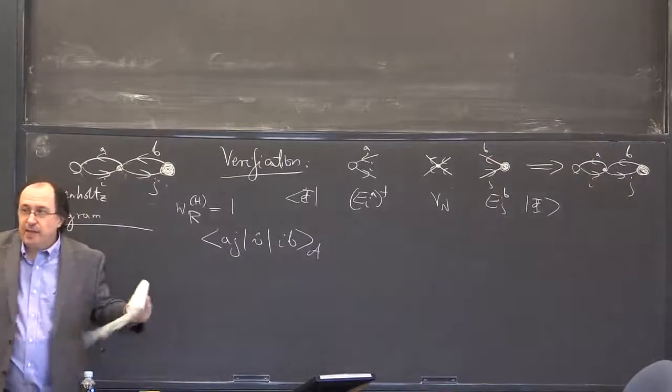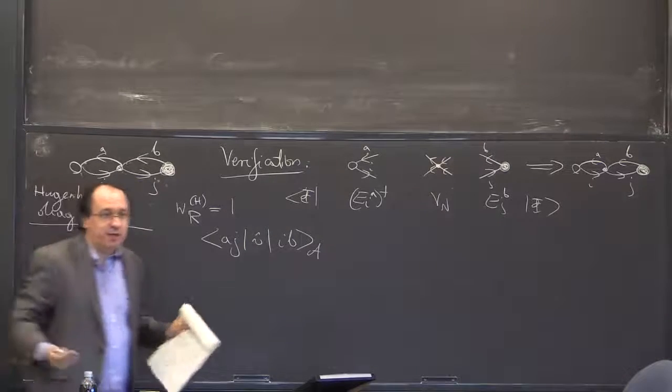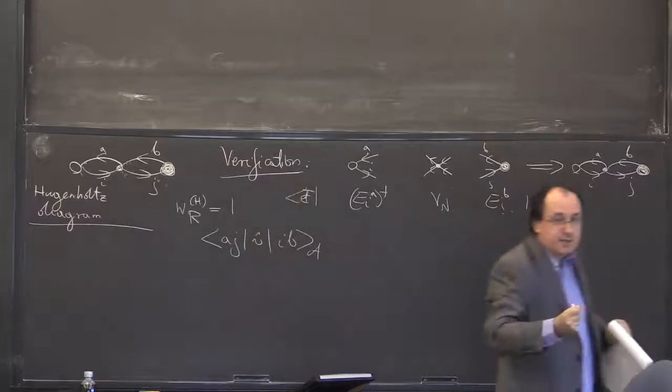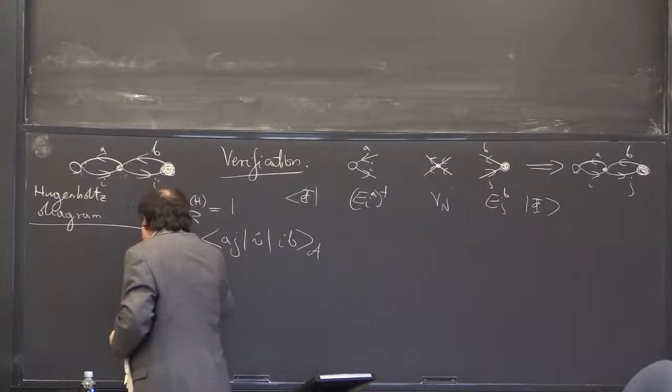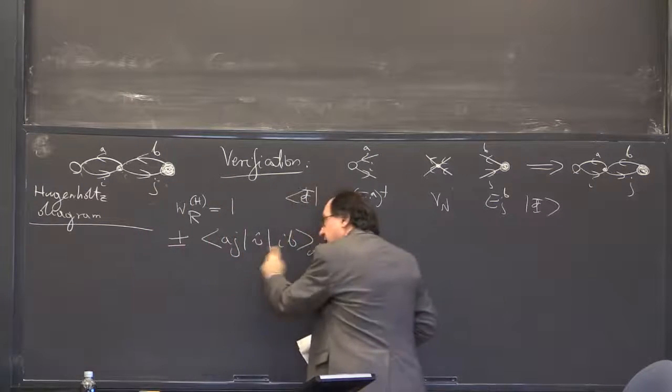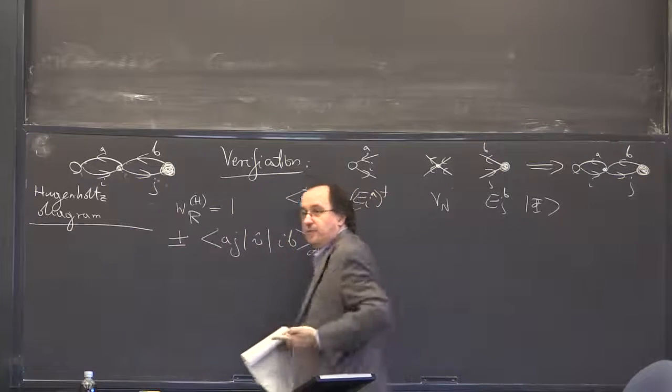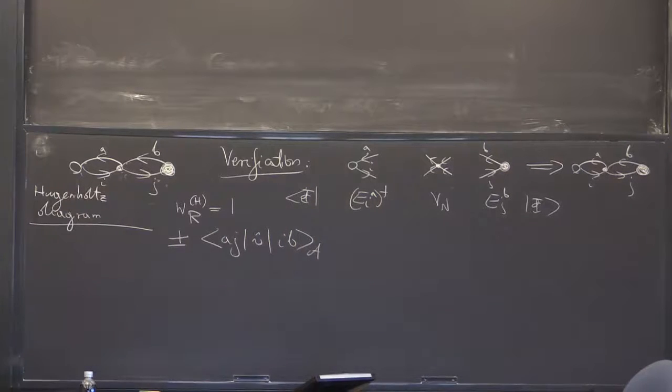I simply cannot decide which way to read it because the whole thing is collapsed. So all I can say right now is that I know the expression up to a sign, because if it was AJBI, that would be a different sign. Okay? So I don't know the sign.